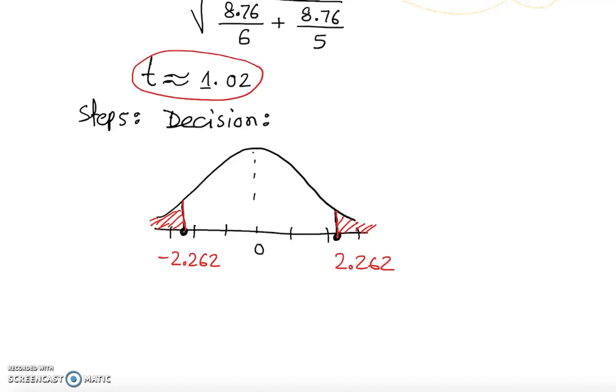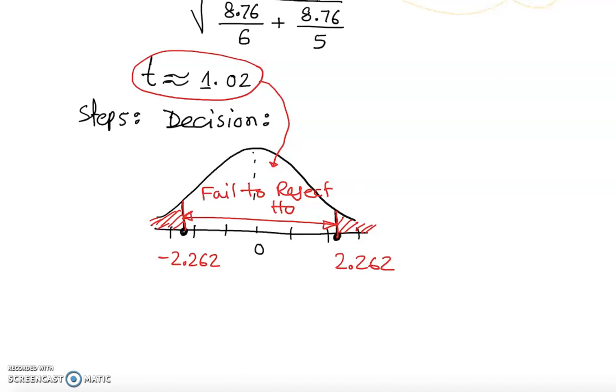If this test statistic is falling inside, look, it's falling inside here, then we fail to reject the null hypothesis. If something falls inside, we fail to reject, in other words, accept it.